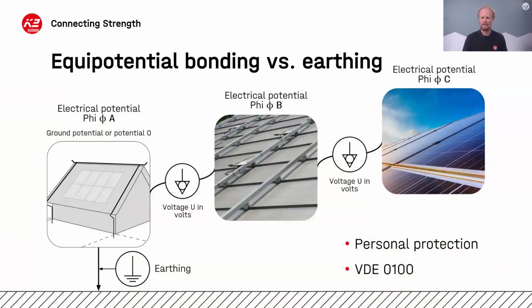So what is the difference between these? For some of you, this may be a really basic topic, but let's start at the very beginning so everyone's on the same page. If two points, it doesn't matter what they are, in the PV industry or anything else, have a different potential and are connected conductively, then these two points are termed to be equalized.